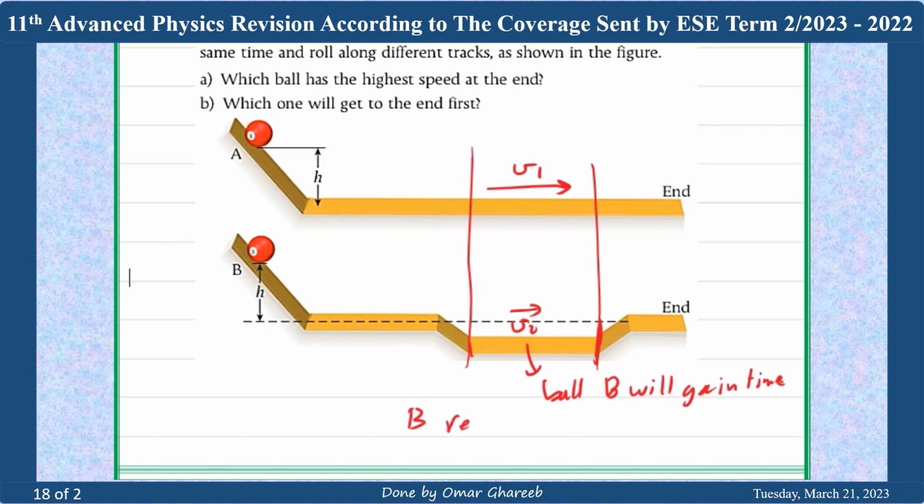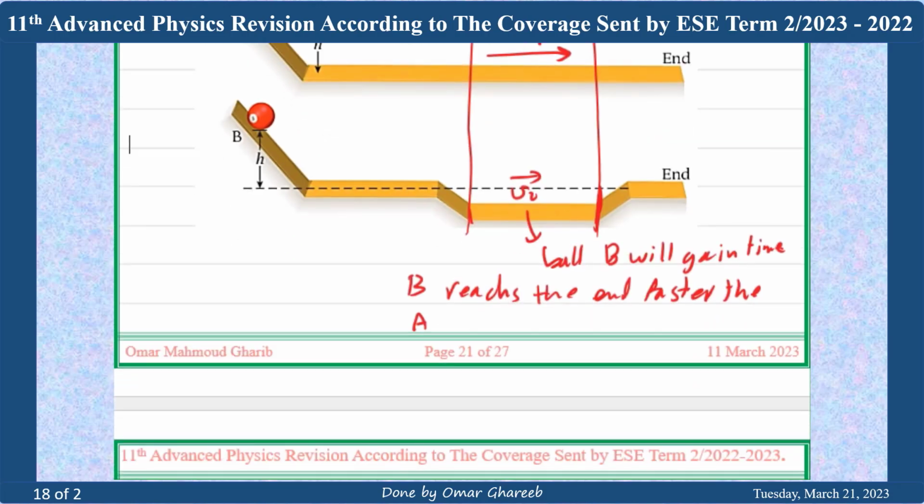B reaches the end faster than A. Then it needs less time.